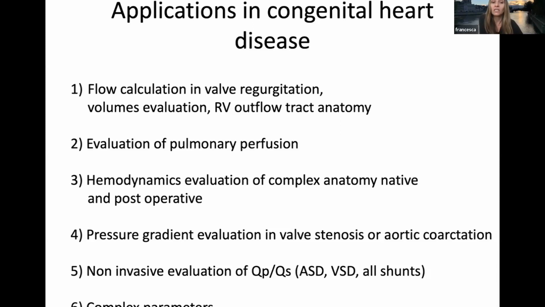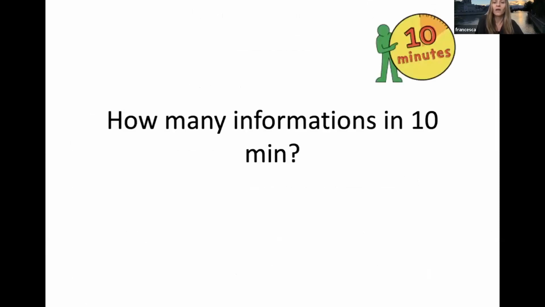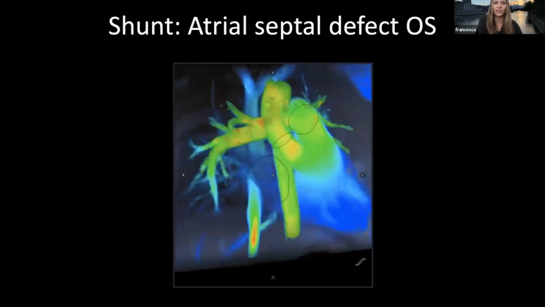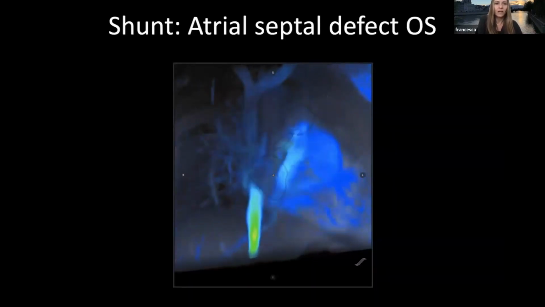We can measure the pressure gradient in a non-invasive way, as in coarctation, and we measure the Qp/Qs in a non-invasive way. Then we have access to amazing complex parameters with which we are understanding a lot about pathophysiology. Some examples: shunt, interatrial septal defect.